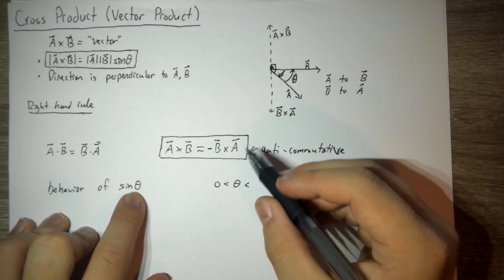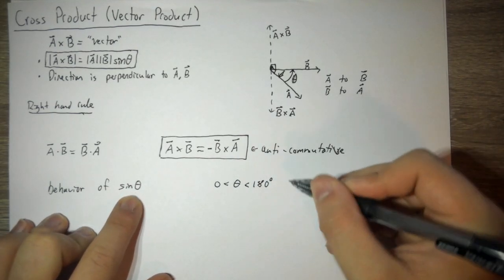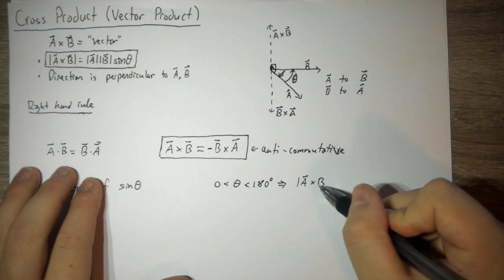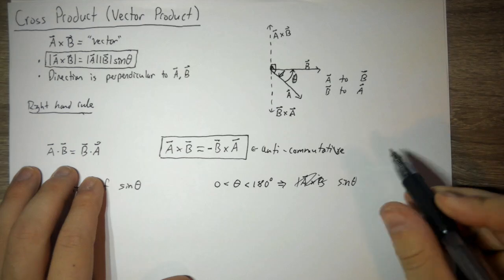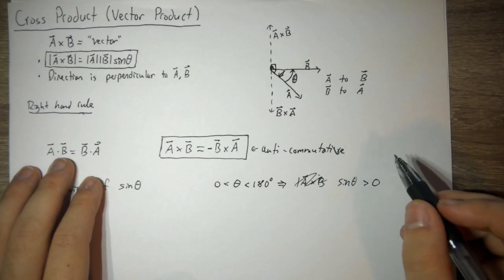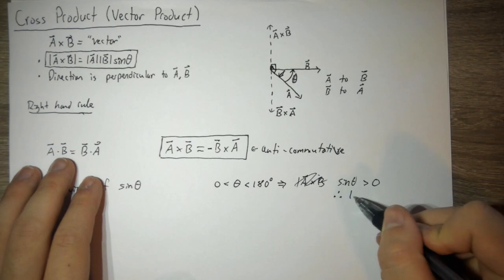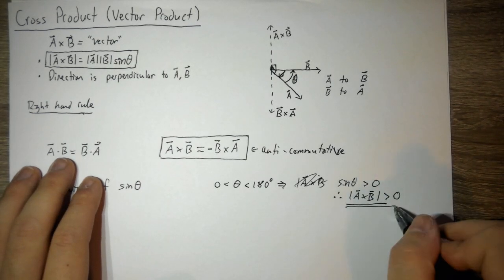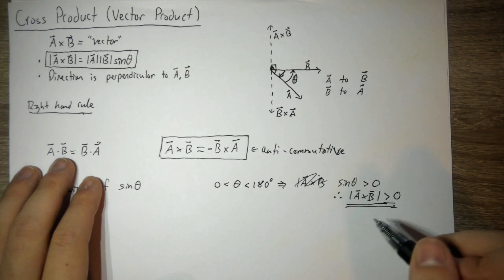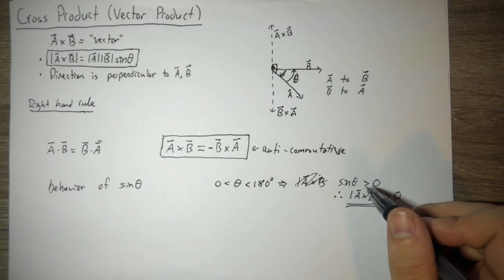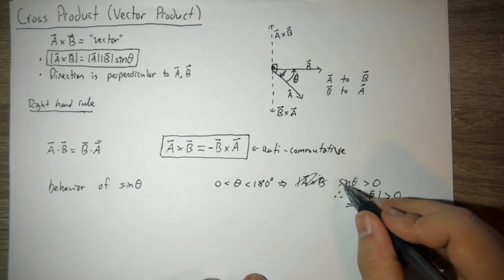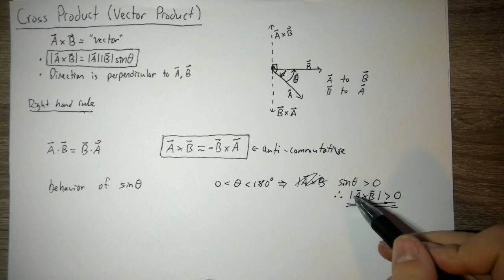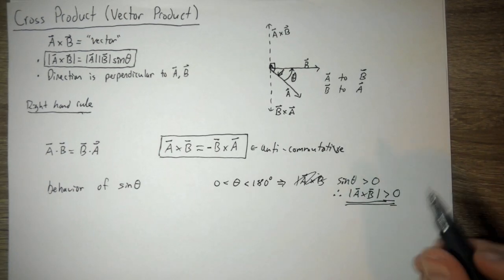If theta is between 0 and 180, sine theta is positive, which means therefore that the magnitude is positive. This makes perfect sense because we know that vector magnitudes always have to be positive. If your vector magnitude is negative, then you have a problem. But since sine is always positive between 0 and 180, that checks out.